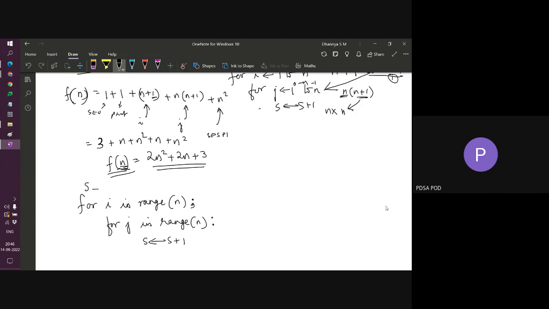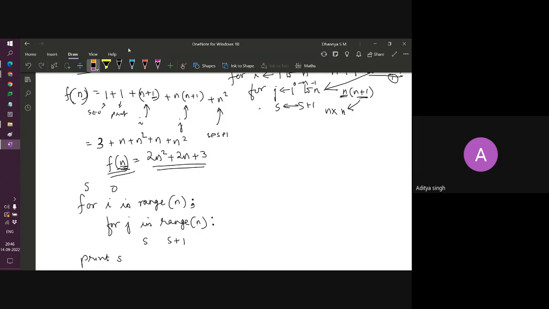We are initializing s first at 0, and finally we are printing. This is probably not Python. I will just erase it so that I don't confuse you.